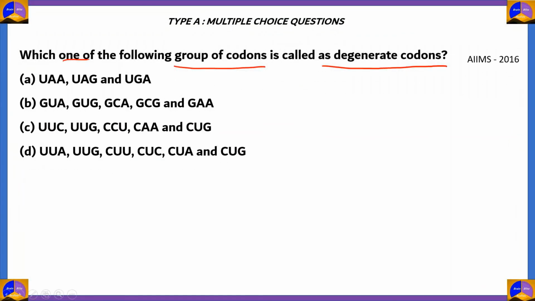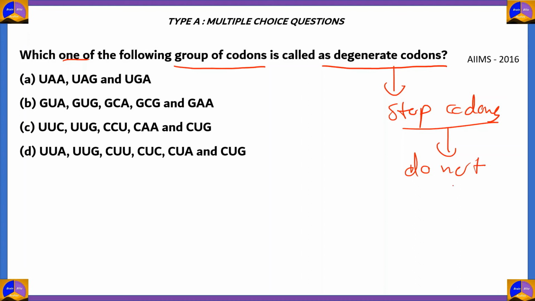Degenerate codons are equivalent to stop codons, because these codons do not code for any amino acid. And what are the 3 stop codons?